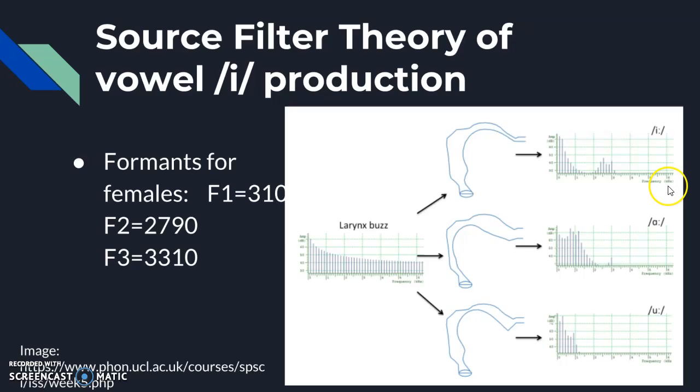This is in kilohertz, by the way. And then the second formant is about 2,790 hertz. So you can kind of see that with this peak. And then the third formant is about 3,310 hertz. You can kind of see it there with that peak. So we have 1, 2, 3 formants.